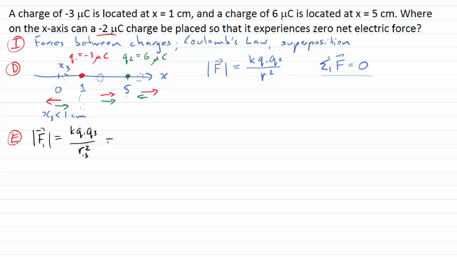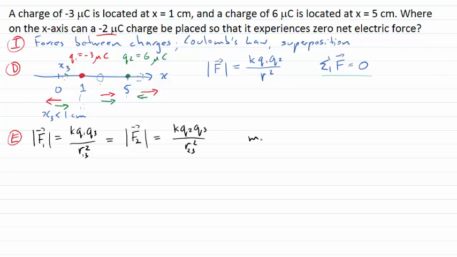I want that to equal the magnitude of the force from charge 2 on my third charge, which I know will be the Coulomb constant k times q2 q3, and then the square of the separation between charges 2 and 3. And importantly here, I've written this as magnitudes, and I want them to be equal because I've already considered the vector nature, the directions, in my develop step here.